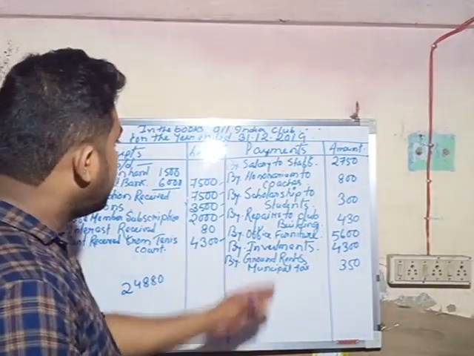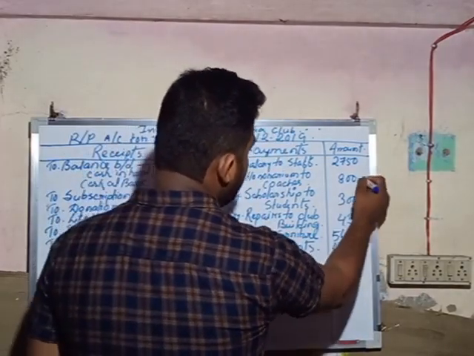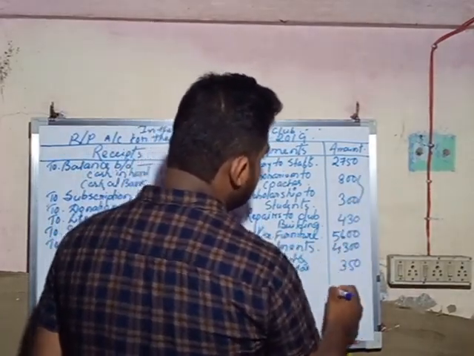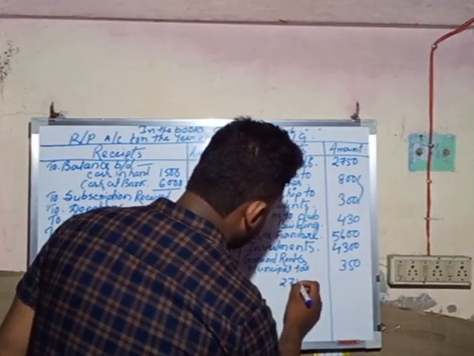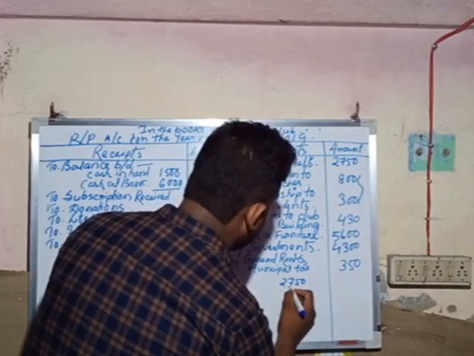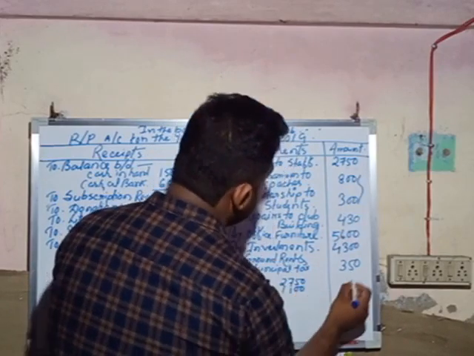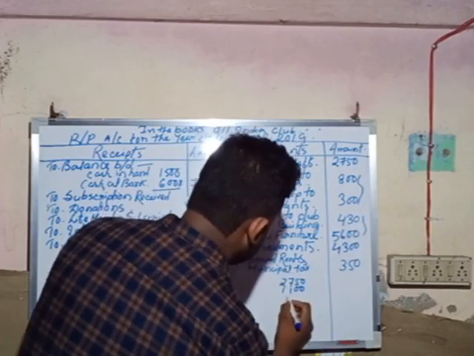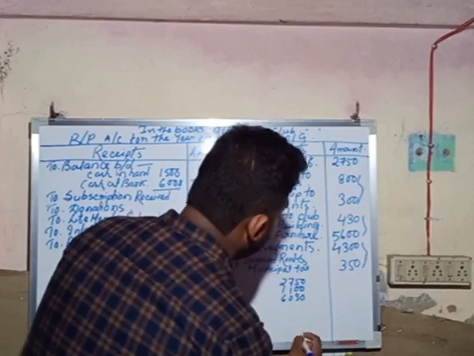And the payment side is a tough one. 1,100, 2,750, 6,030, 4,650.